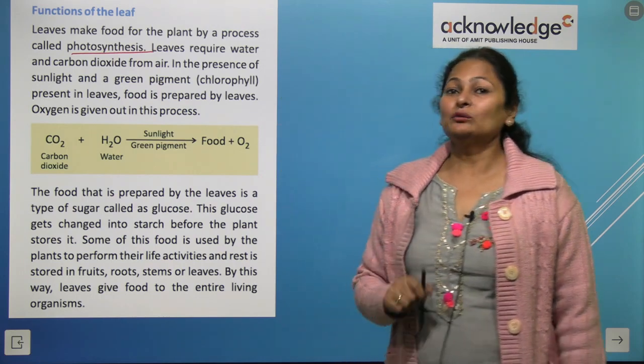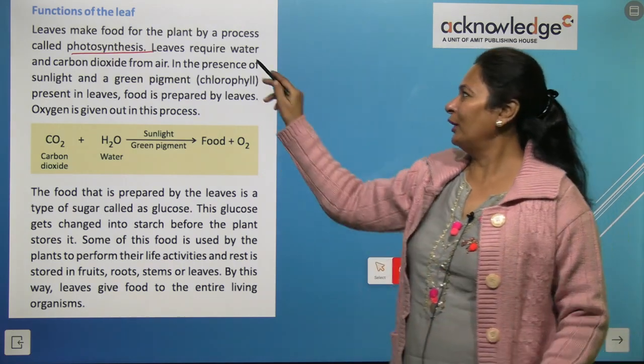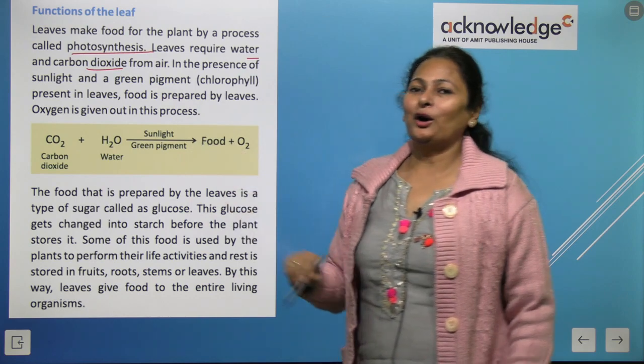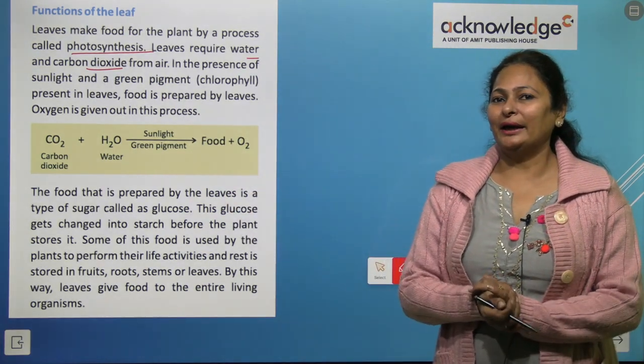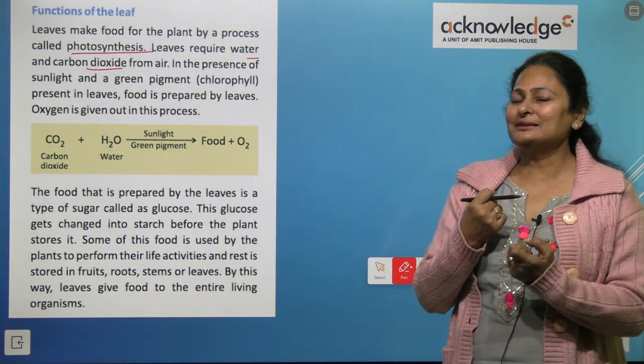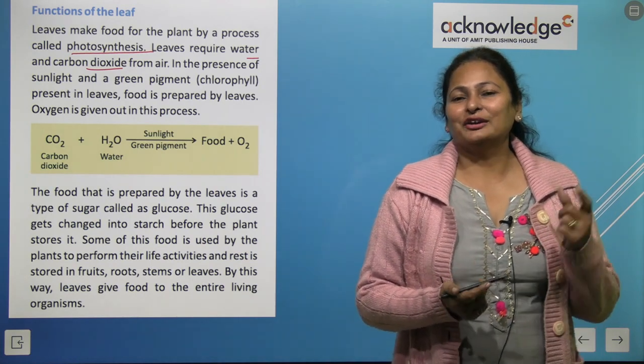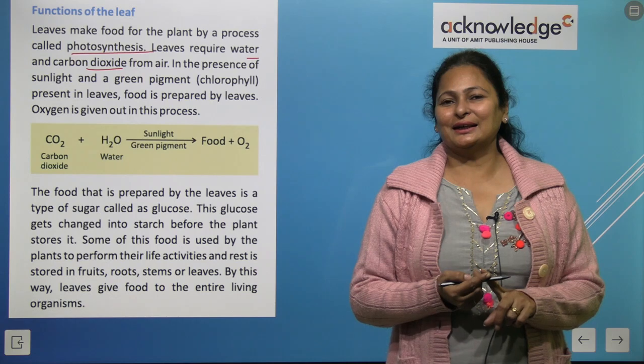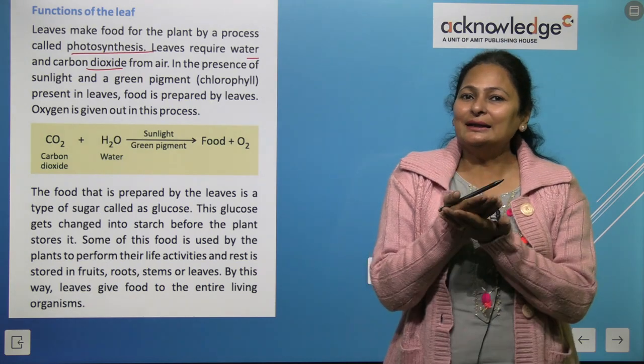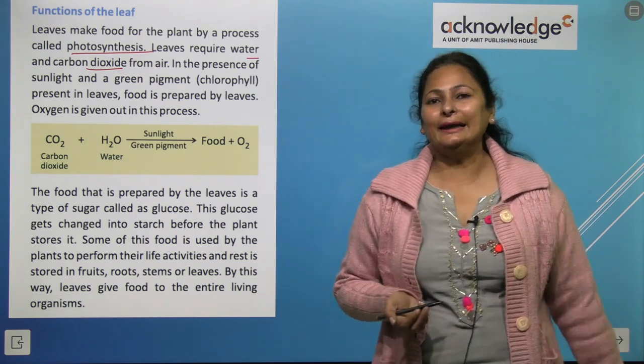Leaves require what? It requires water, carbon dioxide from the air, and it takes in the carbon dioxide with the help of stomata that are present on the underside of the leaf.